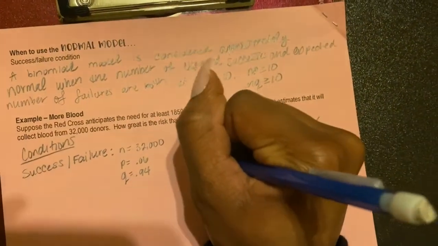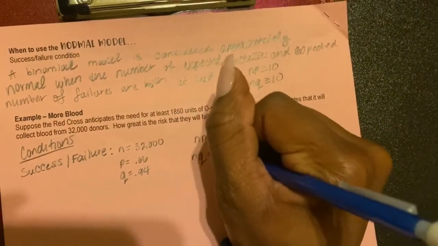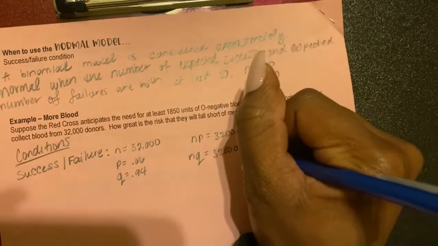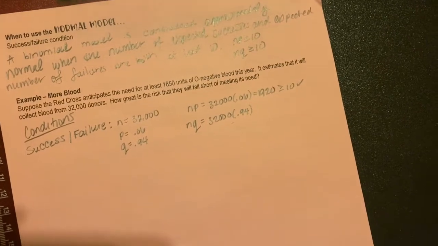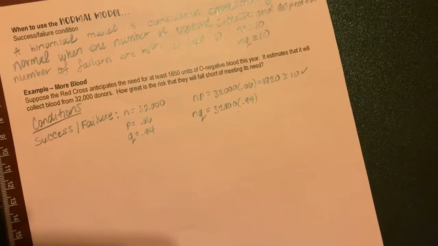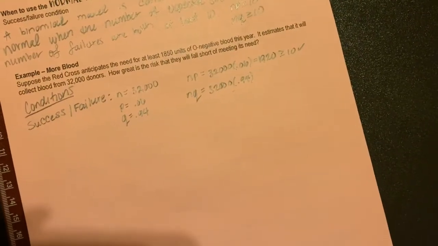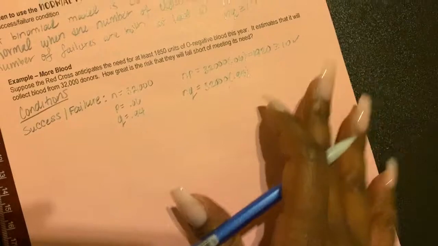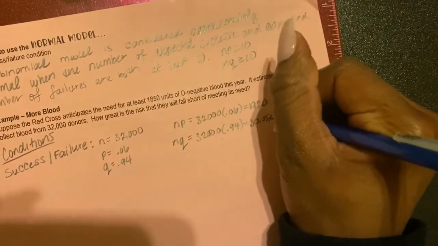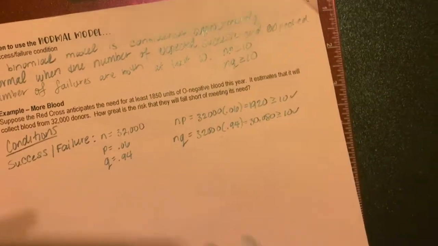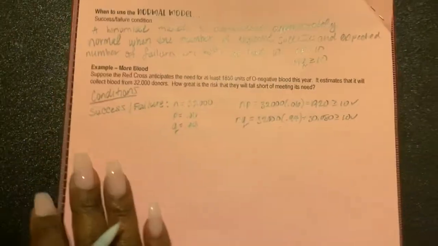Awesome. nq, which is 32,000 times 0.94, which is 30,080, which is most definitely greater than 10. So because both of those conditions are indeed met, we can proceed with a normal model.